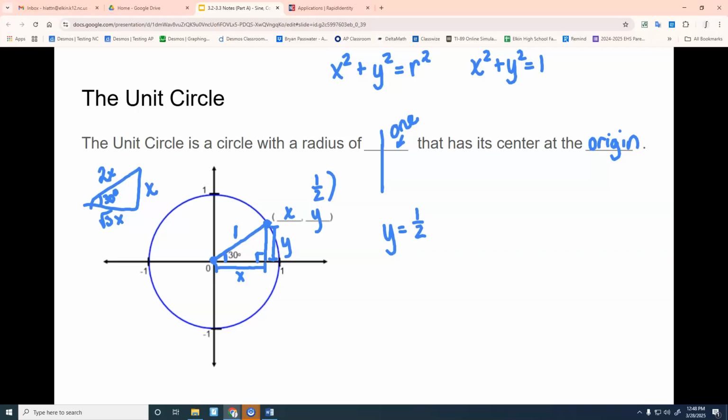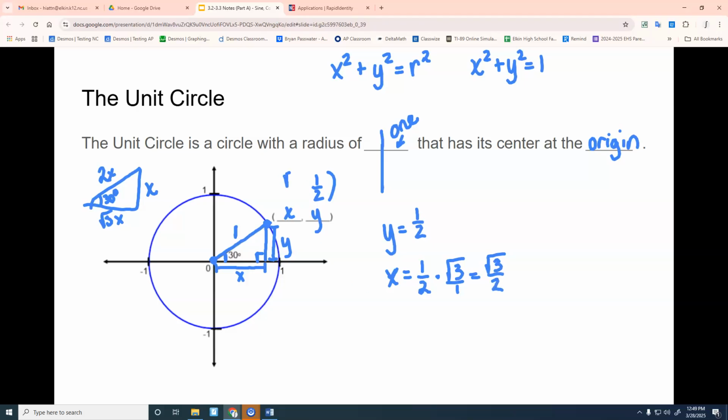So for this, if I know the short side, right? Short side is this side right here. I need to multiply by the square root of 3 to get that longer side. So short side is 1/2. So 1/2 times the square root of 3 is going to give me my x value, which we can put together by making the square root of 3 over 1, which gives me square root of 3 over 2.